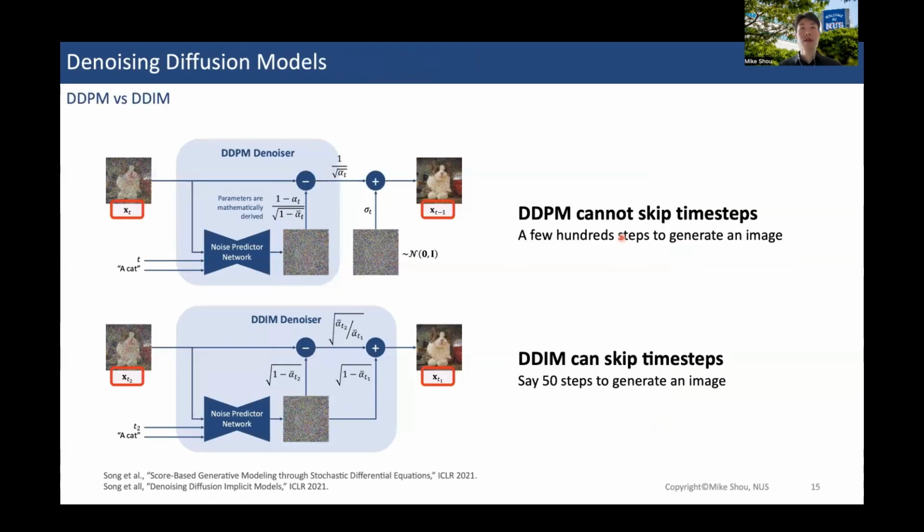If you compare these two different sampling processes, DDPM usually requires a few hundred steps to generate an image, and during each time step we sample noise to add on. But DDIM is pretty fast.